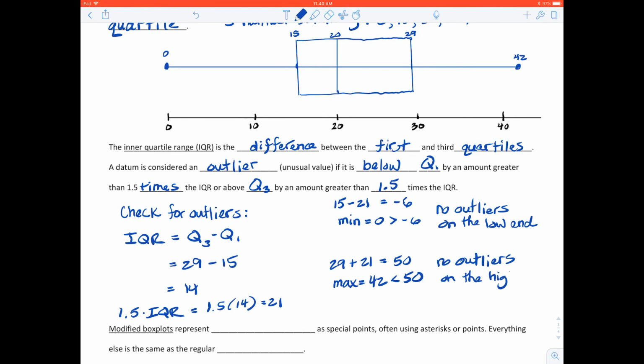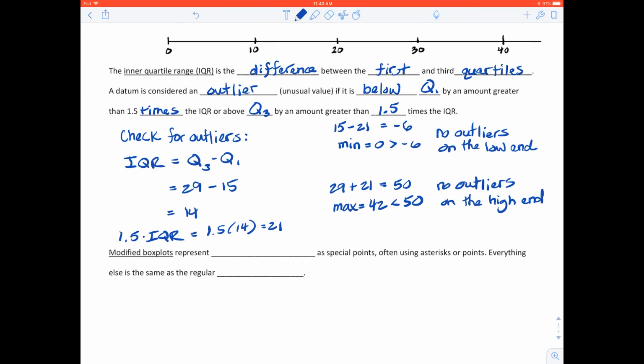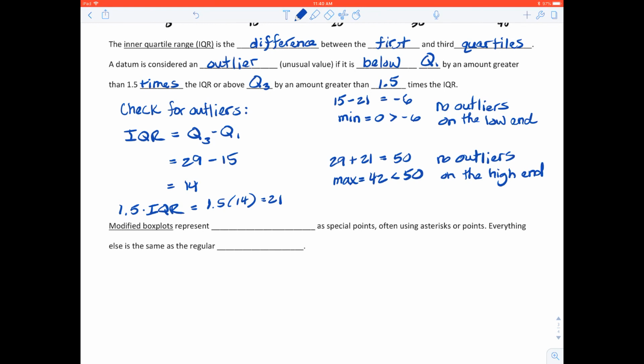So we're done there. We don't need to do a modified box plot, but if we had found any outliers, you can use a modified box plot to represent outliers as special points, often using asterisks or points. Everything else is the same as the regular box plot. So, for a note on that, the original line stays the same.